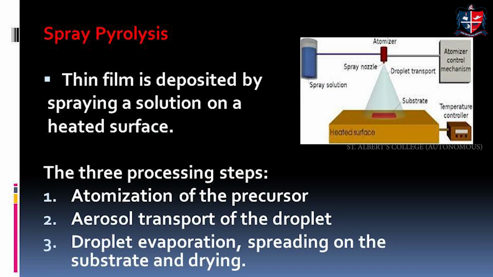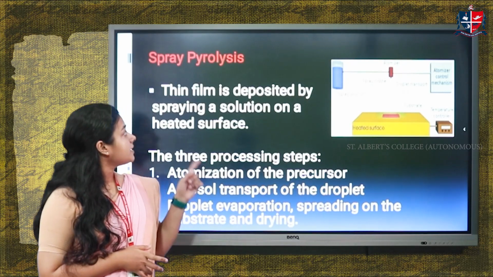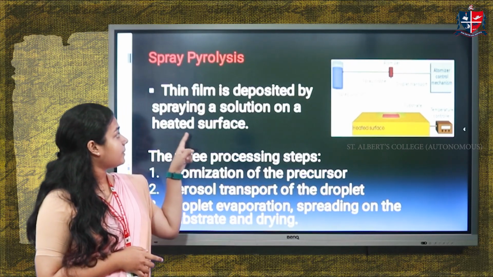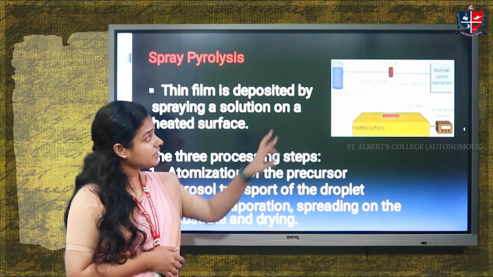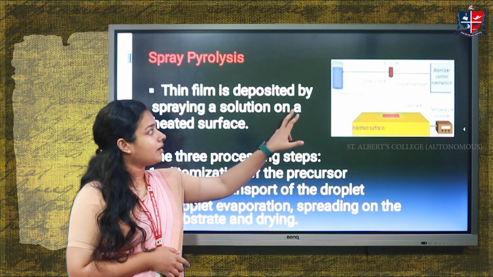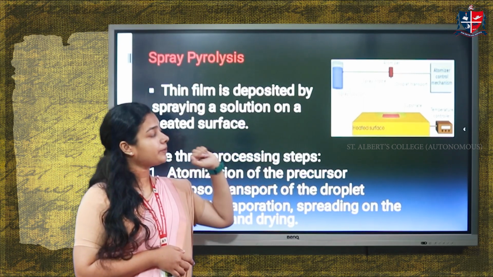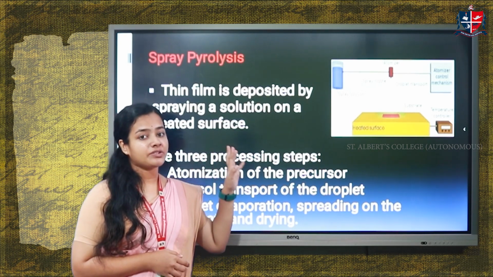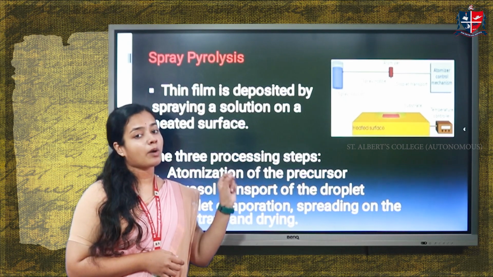The final method of chemical vapor deposition is spray pyrolysis. In this, thin film is deposited by spraying a solution onto a heated surface. So we have a spray nozzle here, and we are taking fluid precursor solution, and then we are atomizing the fluid precursor solution. What is atomization? Atomization means we are breaking down the fluid into small droplets.